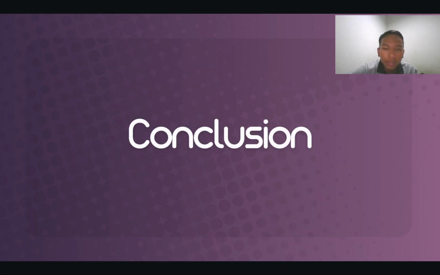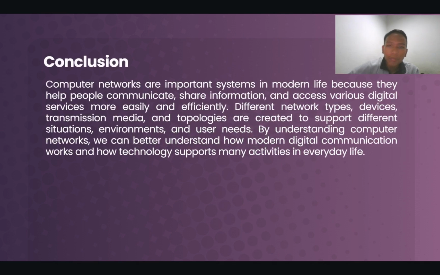Okay, next one we have the conclusion. My conclusion about this topic is that computer networks are an important system in modern life because they help people communicate, share information, and access various digital services more easily and efficiently.